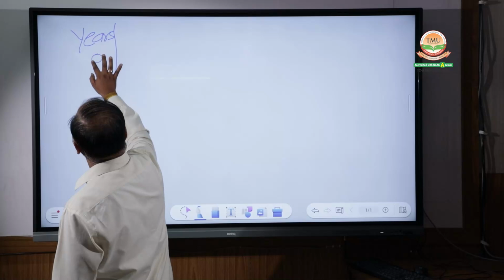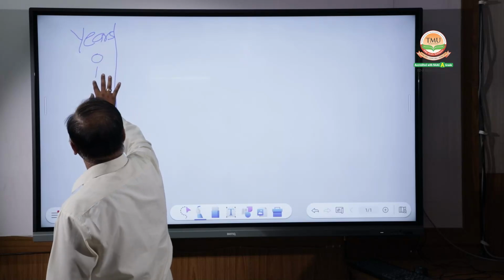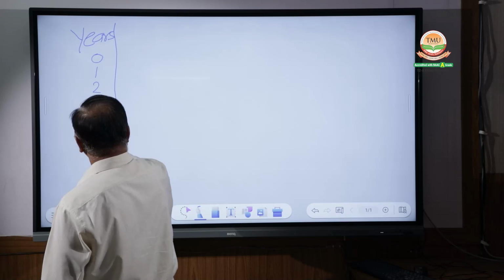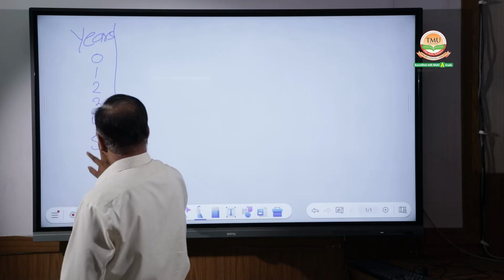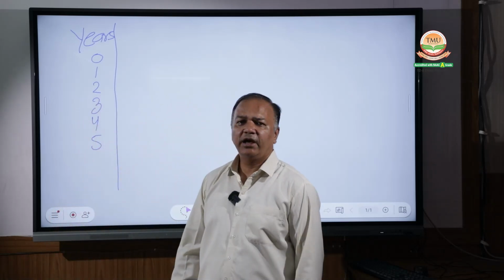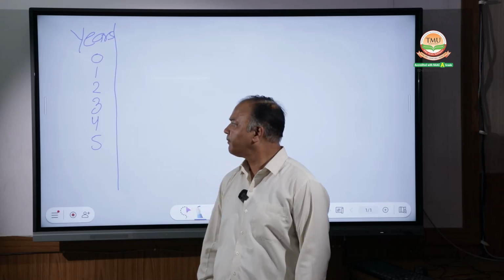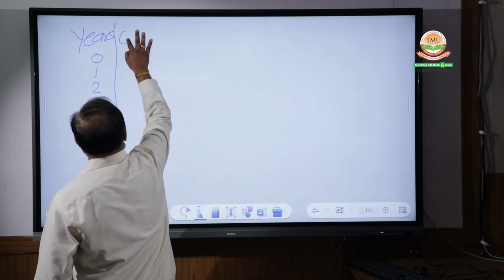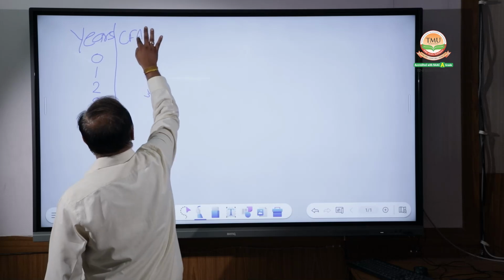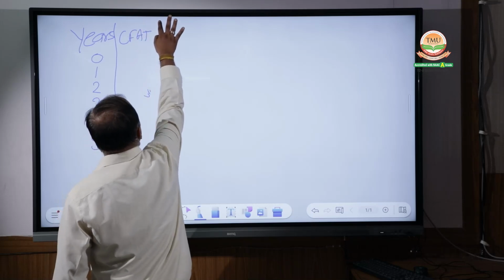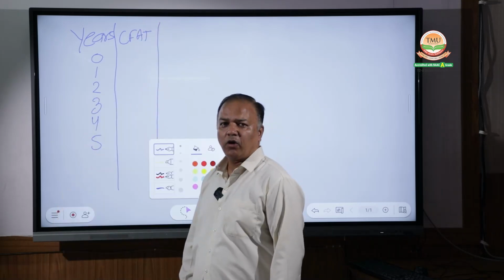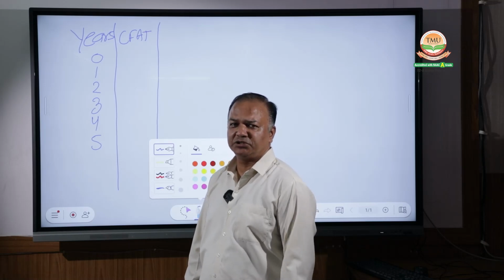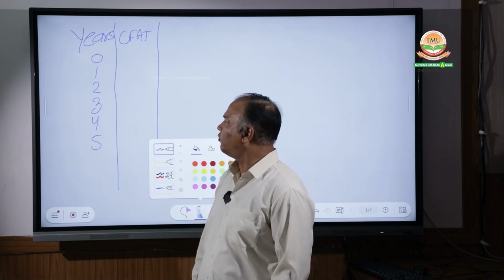First of all, write 0, 1, 2, 3, 4 and 5. These are the different years. Now write down the cash flow after tax. In the initial year, because you are spending rupees 10,000 to purchase a machinery, this is a cash outflow.